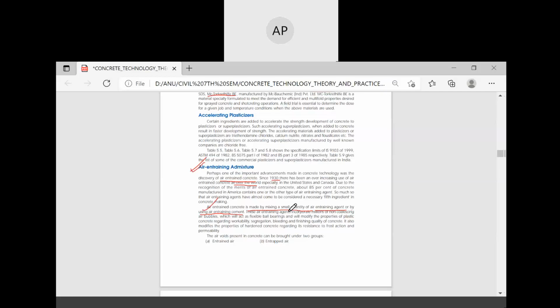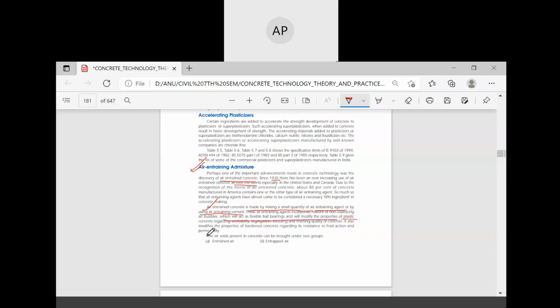Air entrained concrete is made by mixing a small quantity of air entraining agent or by using air entraining cement. These agents incorporate millions of non-coalescing air bubbles, which act as flexible ball bearings and modify the properties of plastic concrete. The air voids present in concrete can be brought under two groups: entrained air and entrapped air.